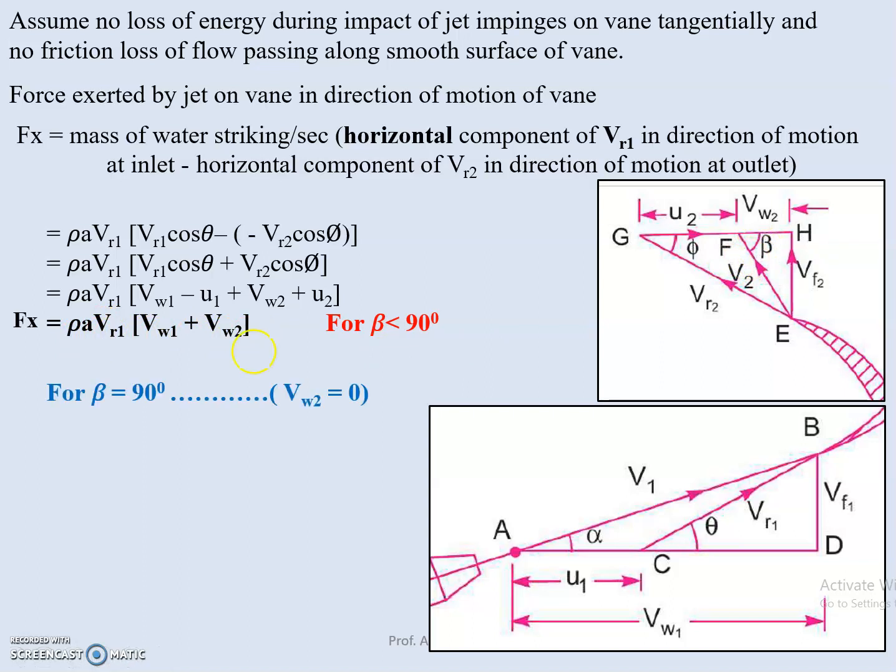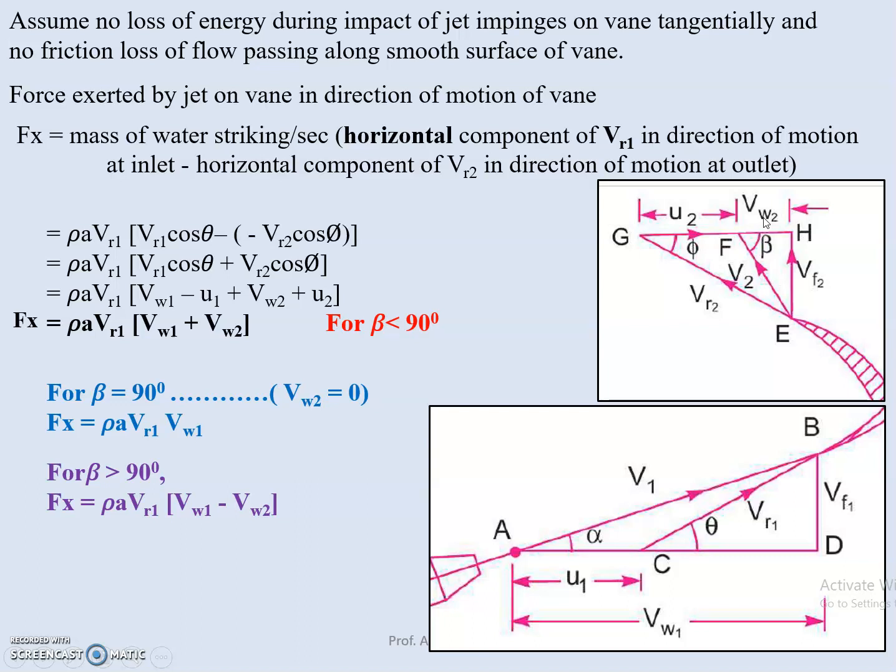Now if beta is equal to 90 degree, in that case you will get the next equation as rho a VR1 VW1, since when beta equals 90 degree, VW2 becomes 0. So this point will shift to this point H. F will shift to H. So VW1 becomes 0 and U2 becomes larger.